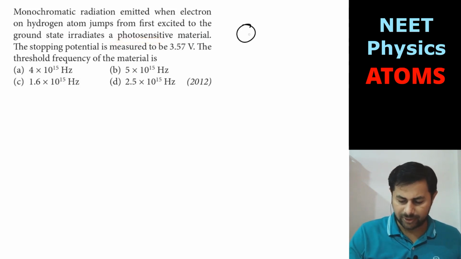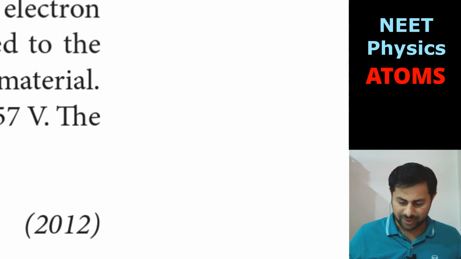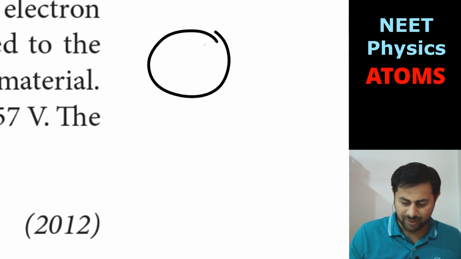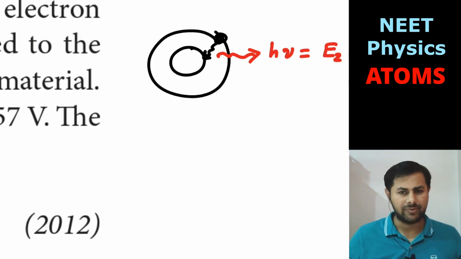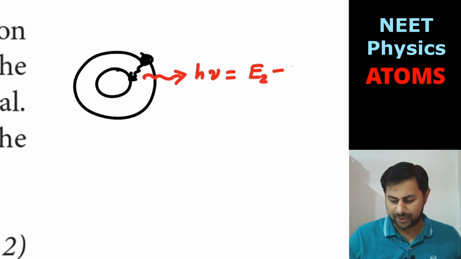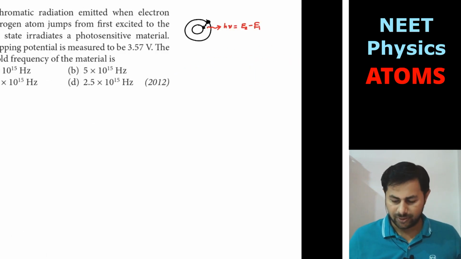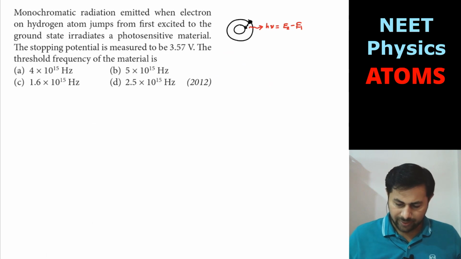So this is a hydrogen atom, and the electron jumps from the second orbit to the first orbit. It emits a photon of energy h nu equal to E2 minus E1.